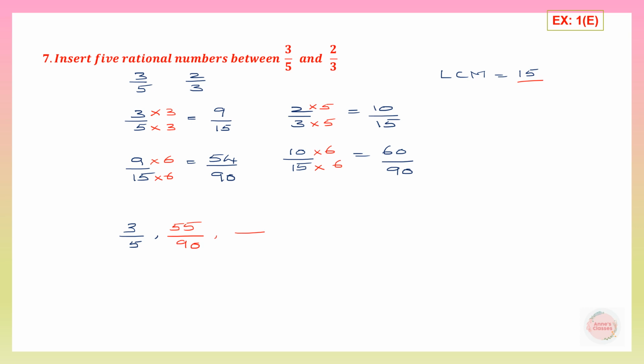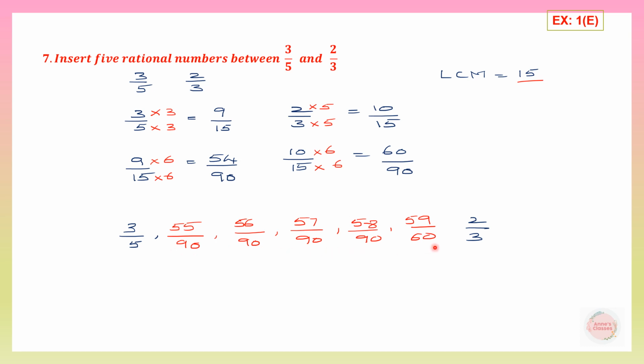So we carry on like that, okay? 55, 56, 57, 58 and 59. So we have written the rational numbers between 54 by 90 and 60 by 90, and we have 5. 1, 2, 3, 4, 5. And then we write the last one, which is the one given to us in the question. So these are the 5 rational numbers between 3 by 5 and 2 by 3.